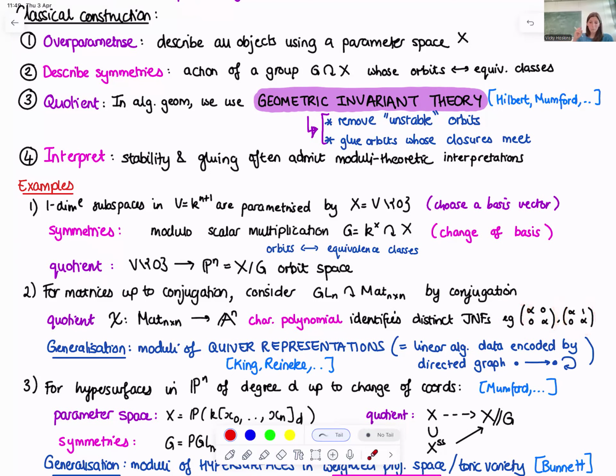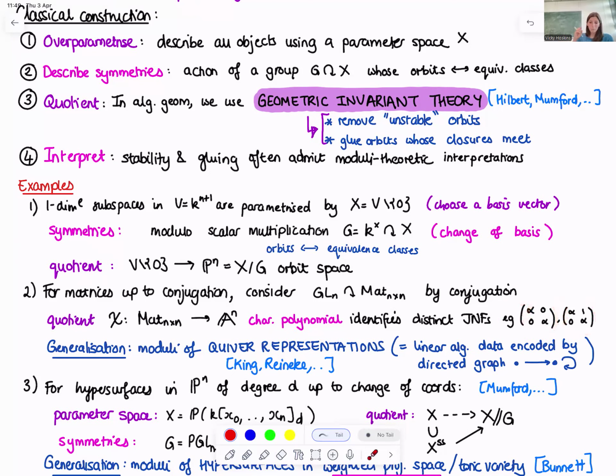And then the group action is just the automorphisms of Pn acting on X. And then there is a quotient, but in this case, you only get a rational map from X to the GIT quotient. And it's defined on this semi-stable locus. So we will see a little bit more about this.